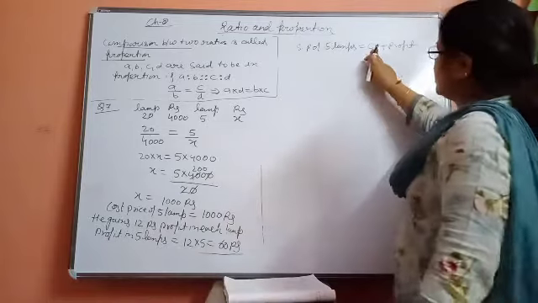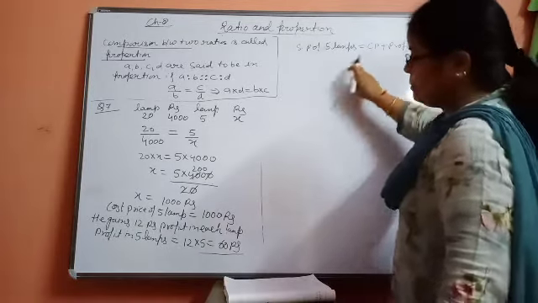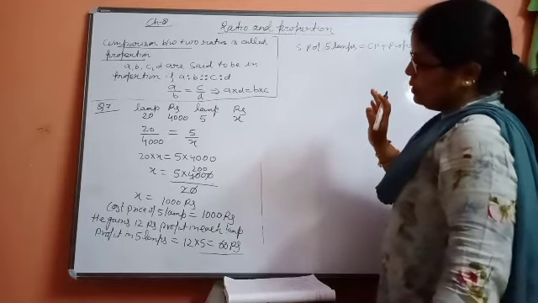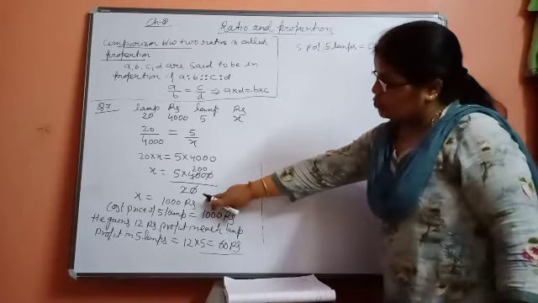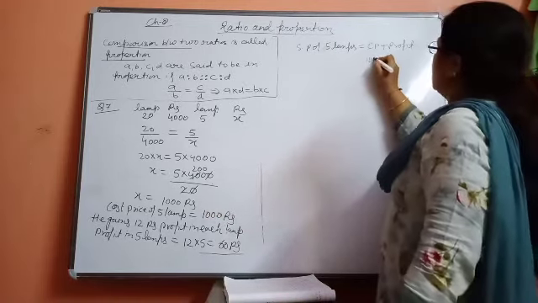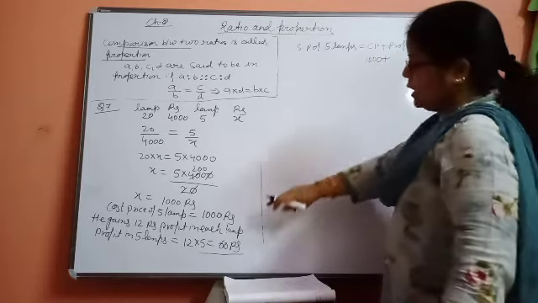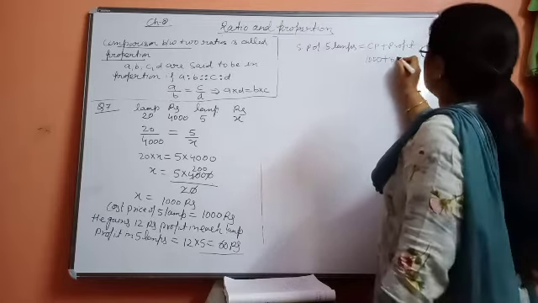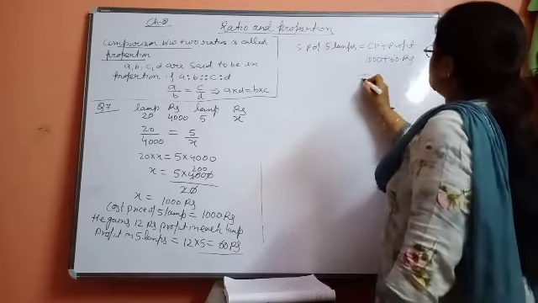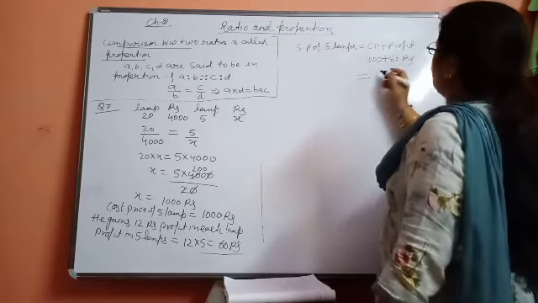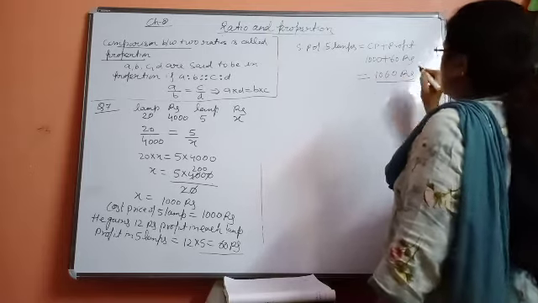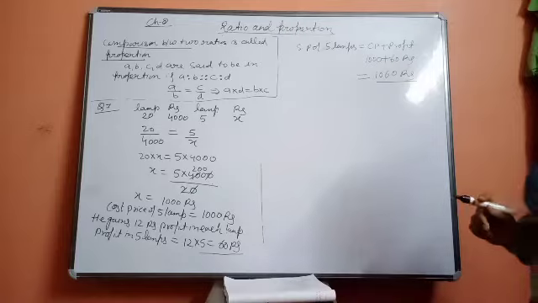CP means cost price, the price at which he purchased 5 lamps. If he purchases only 5 lamps, how much amount does he have to pay? 1000 rupees. And while selling the lamps, how much is he getting as profit? 60 rupees. So what will be the SP of the 5 lamps? 1060 rupees. So this will be your answer.